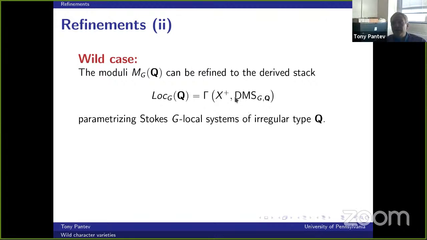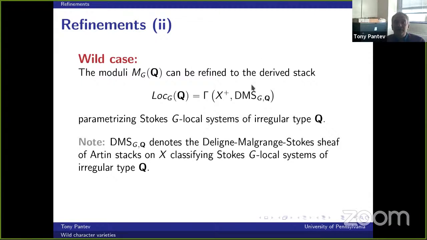So if you take the derived global sections, you get the derived stack of Stokes G local systems. And so it's not a mapping stack, but it's a stack of sections in a constructible sheaf of stacks. And that actually allows you to construct the Poisson structures and the symplectic structures.